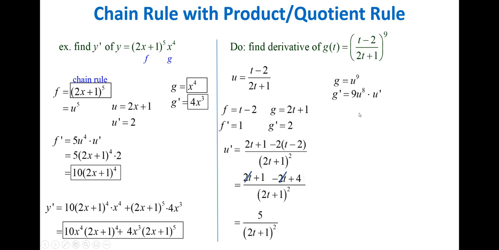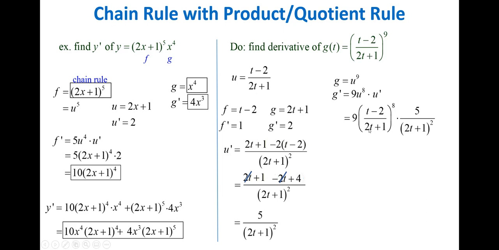That's u prime. Now coming back over here, substituting back in, g prime will be 9 times t minus 2 over 2t plus 1, all to the 8th power, times 5 over 2t plus 1 squared. And then watch what I'm going to do next.